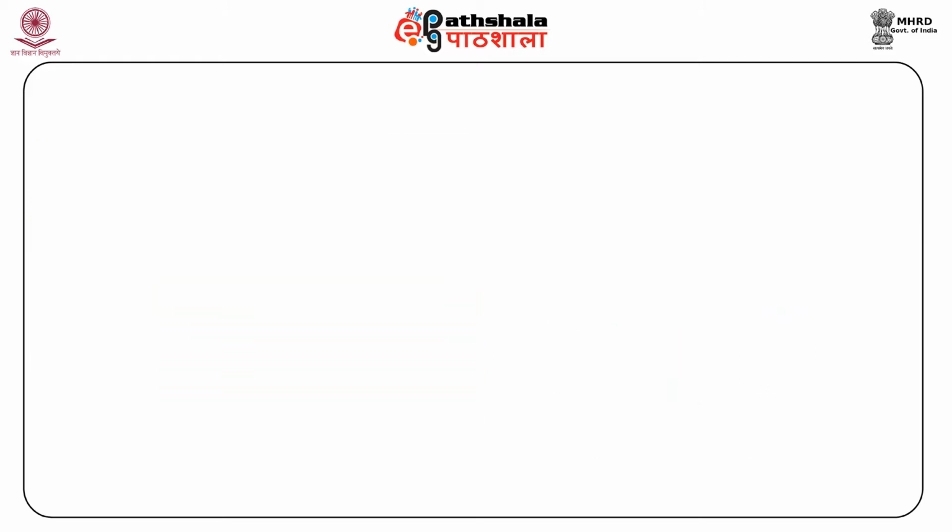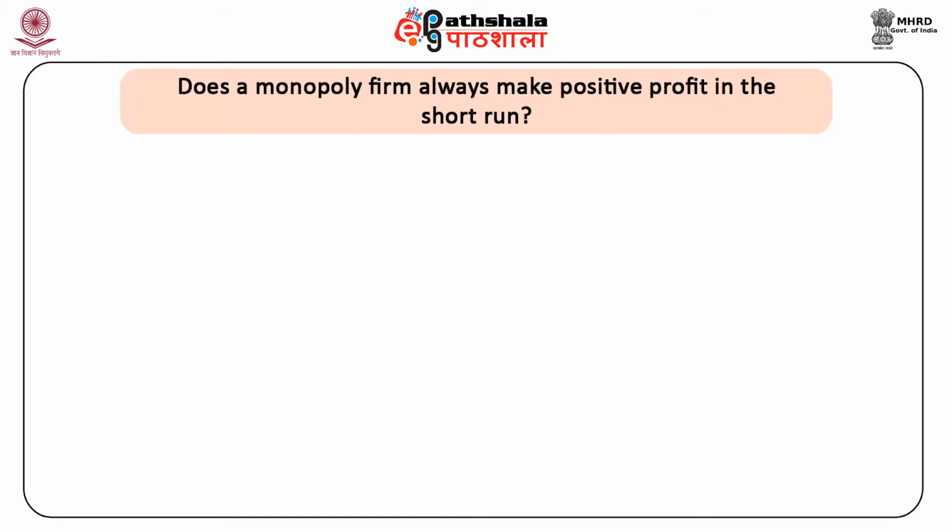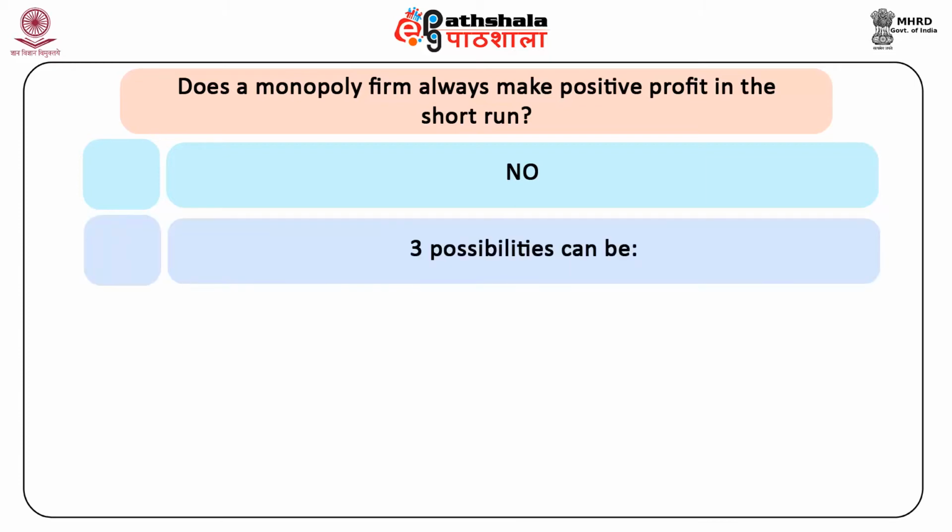The next question which arises at this point is, does a monopoly firm always make positive profit in the short run? The answer is no, because there is no certainty that a monopoly firm will always earn positive profits in the short run. Hence, given the level of output, there are three possibilities.